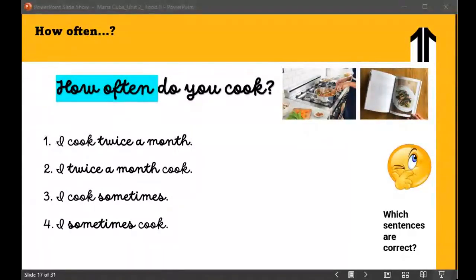Daniel, thank you. Asler, come on, Asler. Which sentences are correct? Asler, Yvonne, Marcos, Ronald, what about you? Thank you, Asler. Yvonne, Marcos, tell us, which sentences are correct according to you?